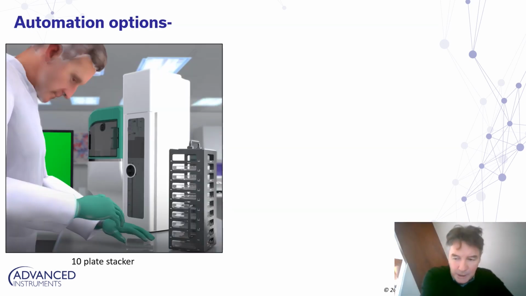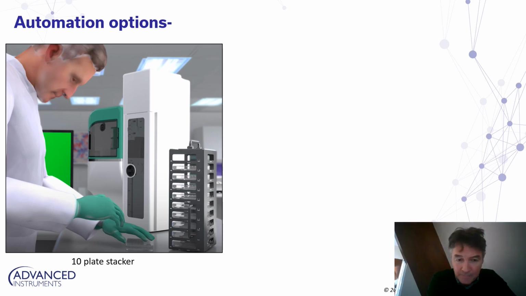So the Cellmetric X still offers the same high quality bright field imaging, the same level of contrast and resolution as was offered previously on the Cellmetric. Additionally, we still offer the 10-plate stacker option on the Cellmetric X, as we did on the Cellmetric, which allows you to load up 10 plates and perform walk-away automated imaging.